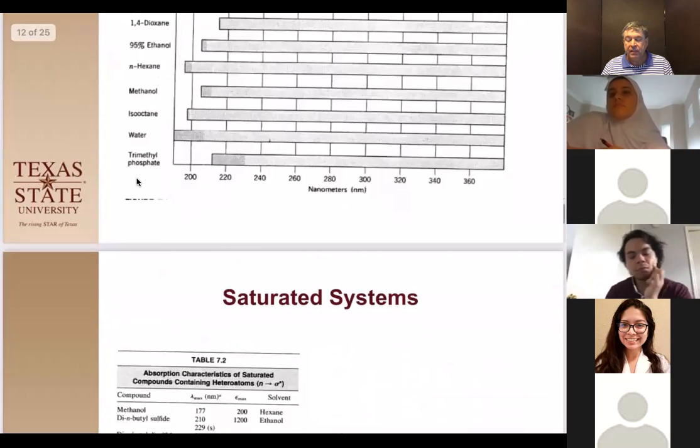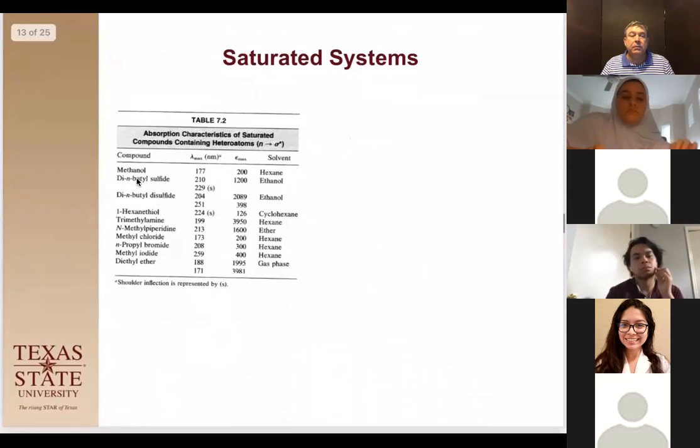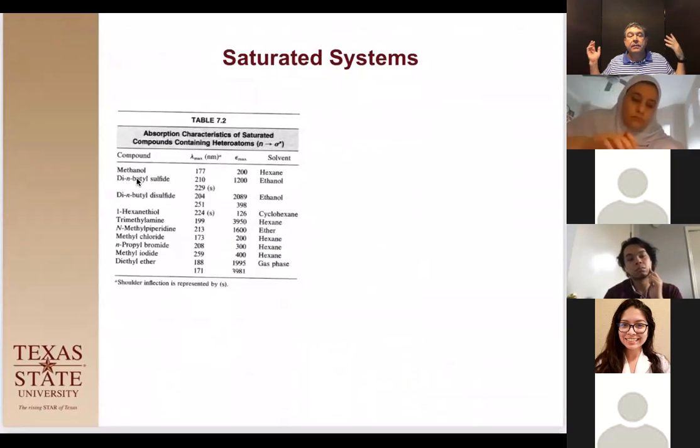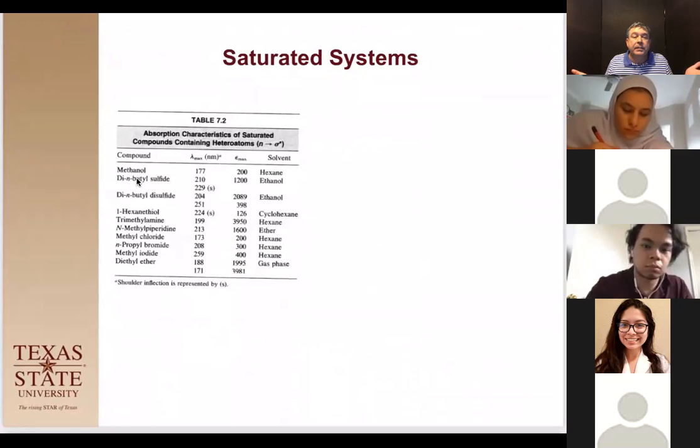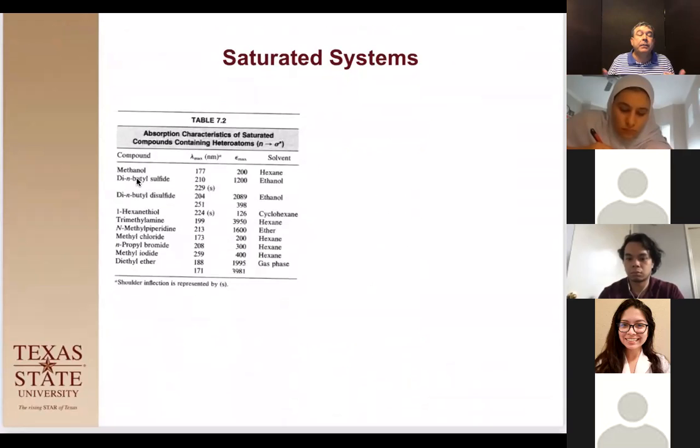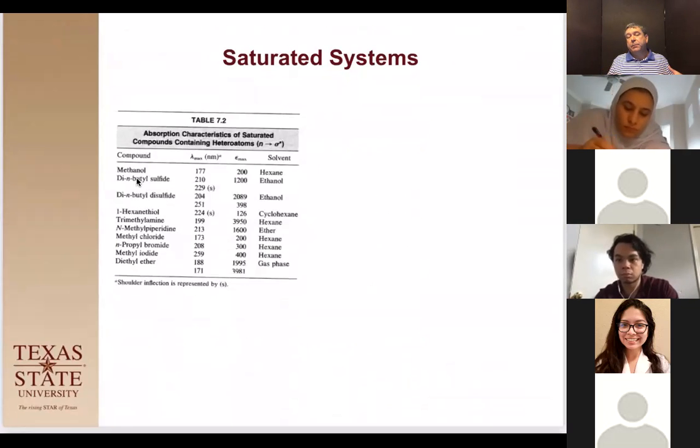Okay. So let's just start talking about different classes of compounds. So the first thing we want to talk about is saturated systems. In saturated systems, the only transitions we tend to have are our non-bonding pairs to our sigma. Okay, now, why didn't I say sigma to sigma?